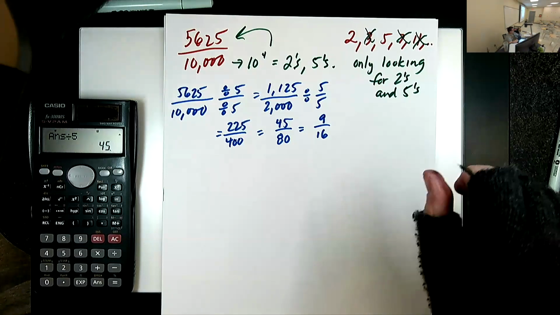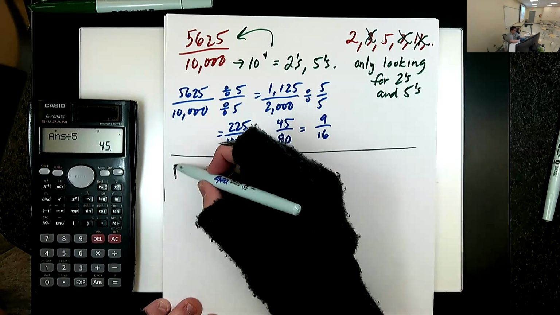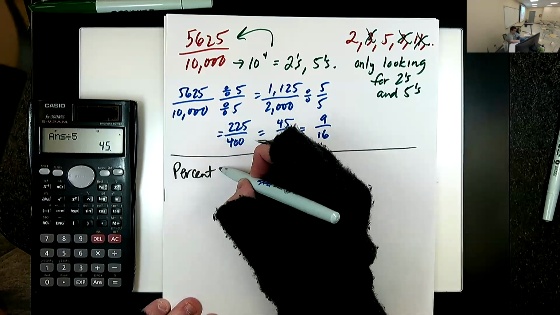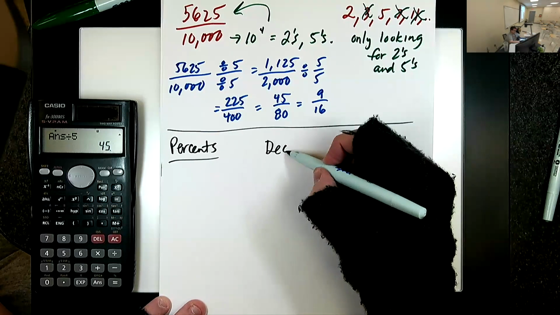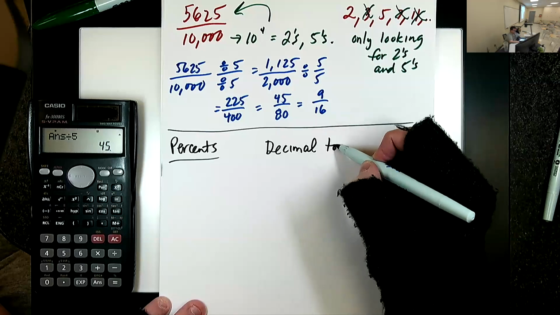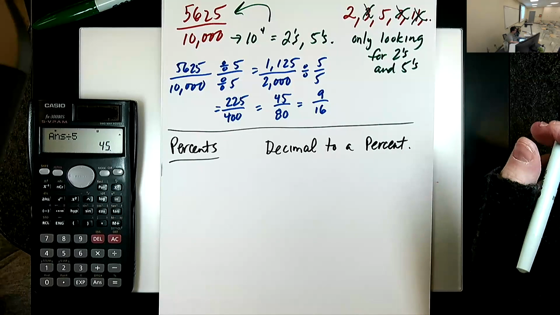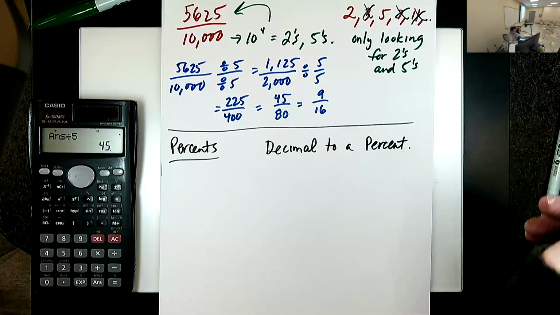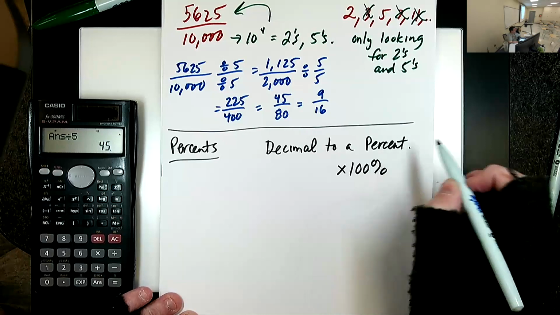You guys ready for some more? Percents. Decimal to a percent. What we are effectively doing is multiplying the number by 100%.